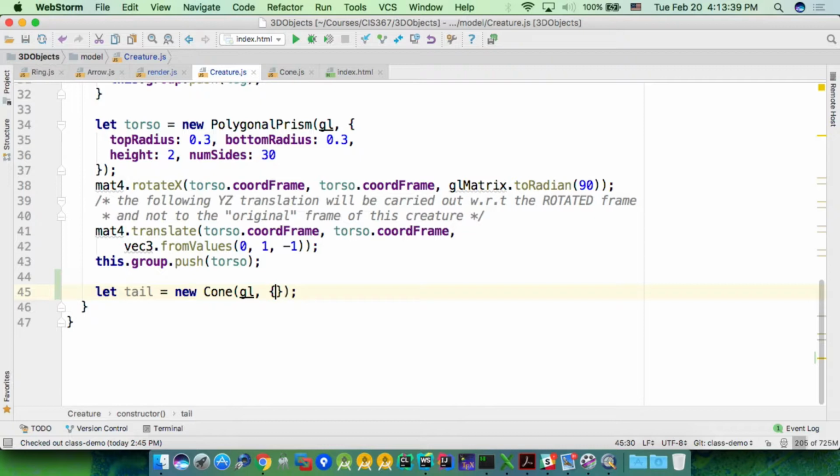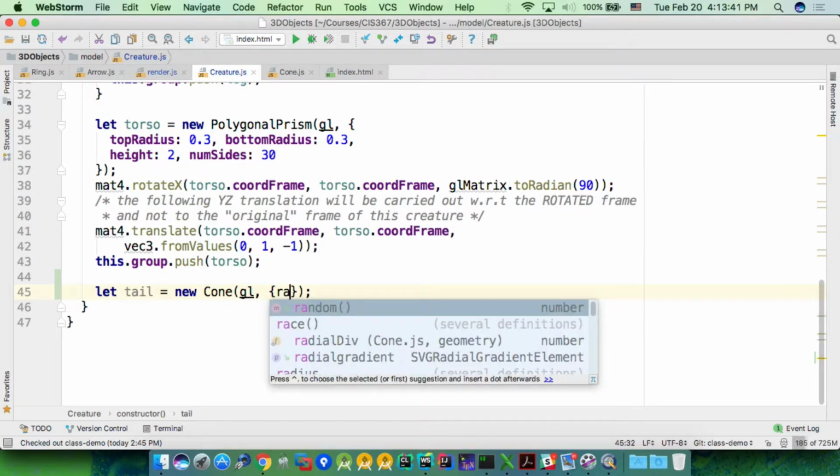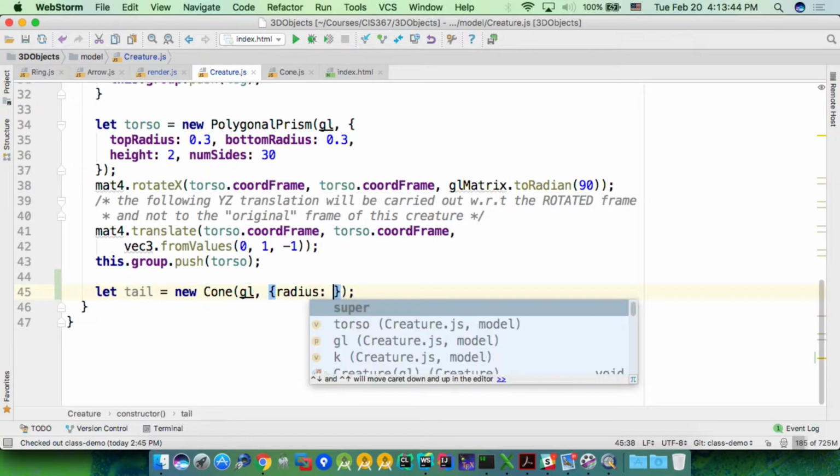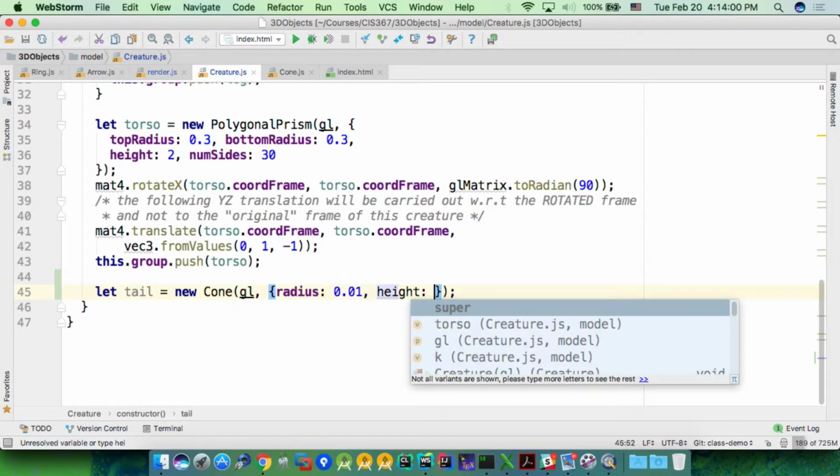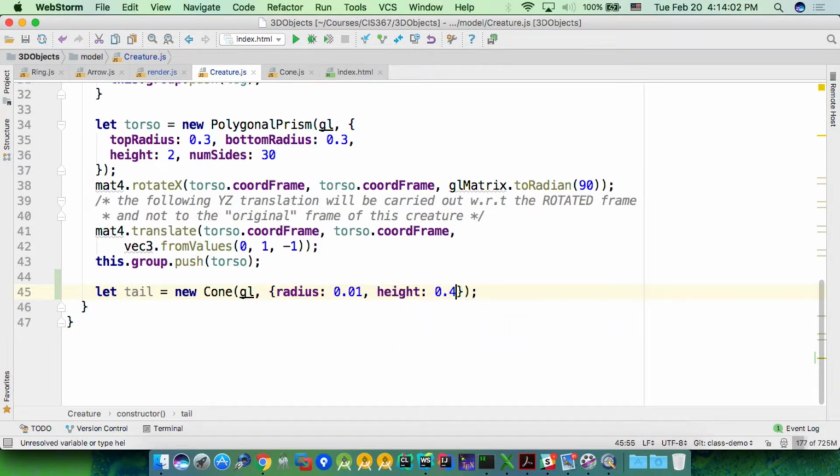The required parameter will be the radius. What will be the radius? 0.01, 0.2, height, what, 0.4, short one.